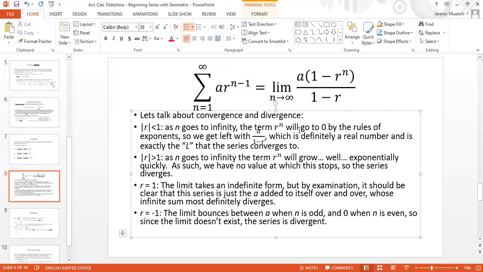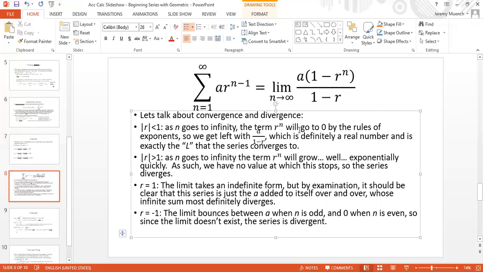So we've got a bunch of options here. The only place where it converges is when the absolute value of r is less than 1. What this means is you are essentially sitting there with r to the n.